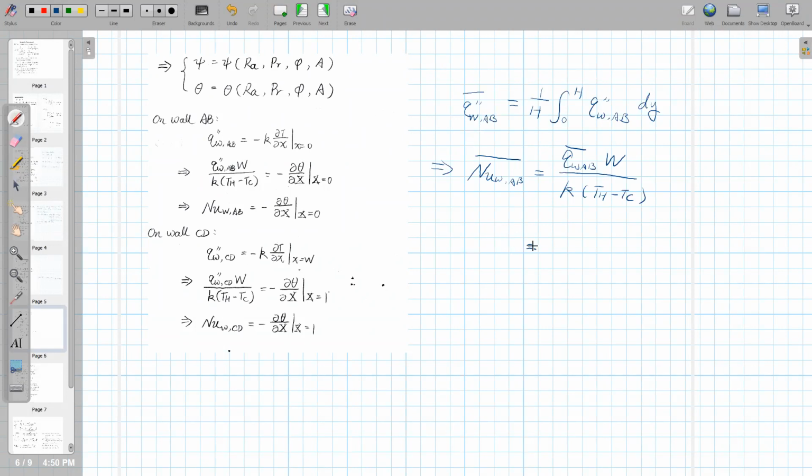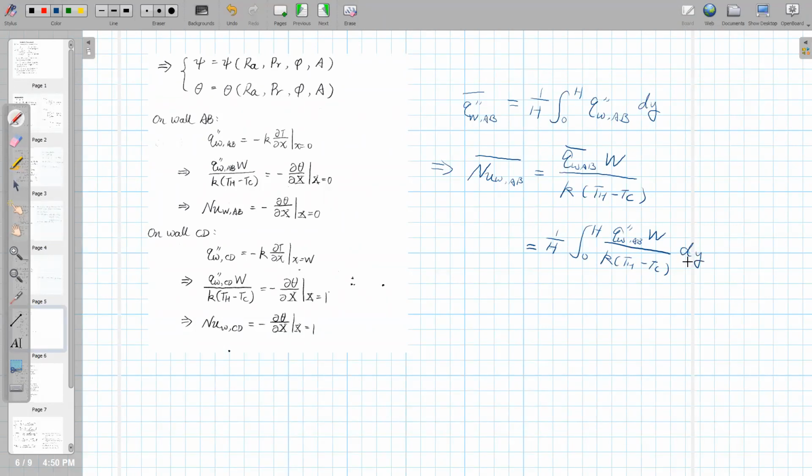So basically, this is telling us that 1 over H, integral from 0 to H, of q'' at wall AB times W divided by k of Th minus Tc, dy.